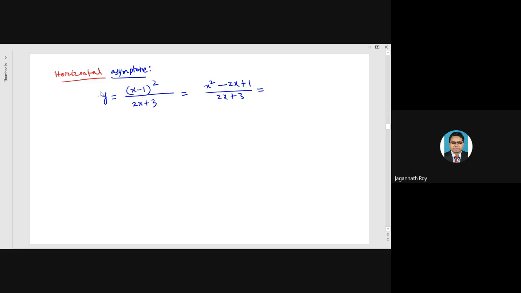So if you take it, divide by x, x square minus 2x plus 1 divide by x. Similarly, you divide by x here also. Then you get x minus 2 plus 1 by x divided by 2 plus 3 by x. Okay.